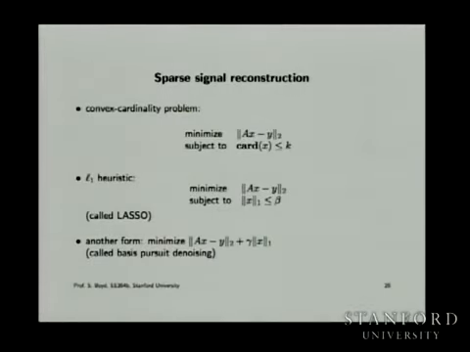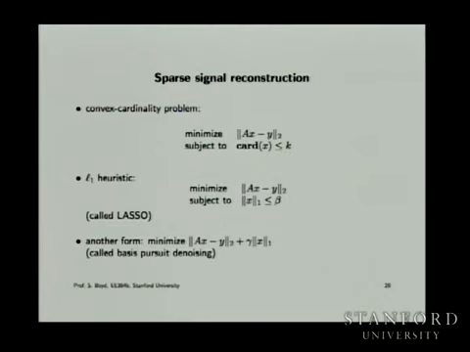Okay. So now we'll look at sparse signal reconstruction. It's actually the same problem, with a different interpretation. You want to minimize the norm of Ax minus y. y is a received signal. x is the signal you want to estimate. The 2 norm here might be, for example, because you're doing maximum likelihood estimation of x with Gaussian noise on your measurement, so you have y equals Ax plus v.